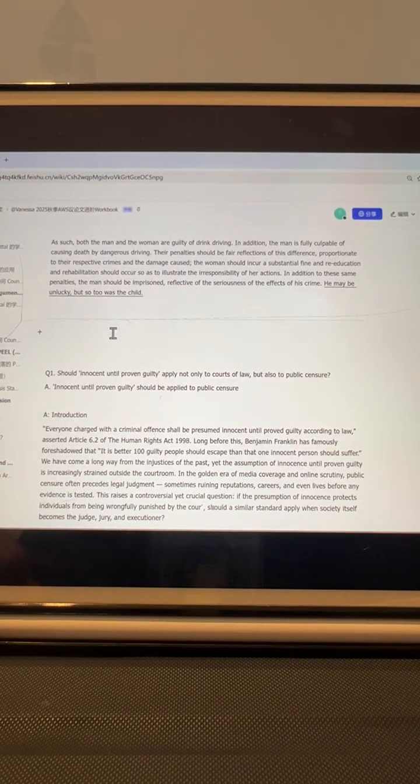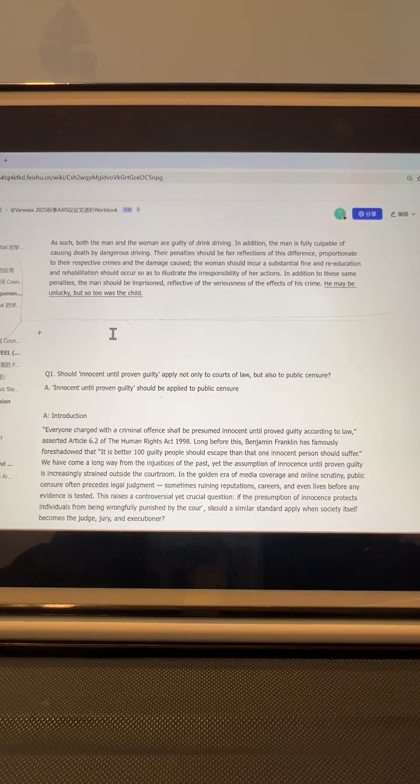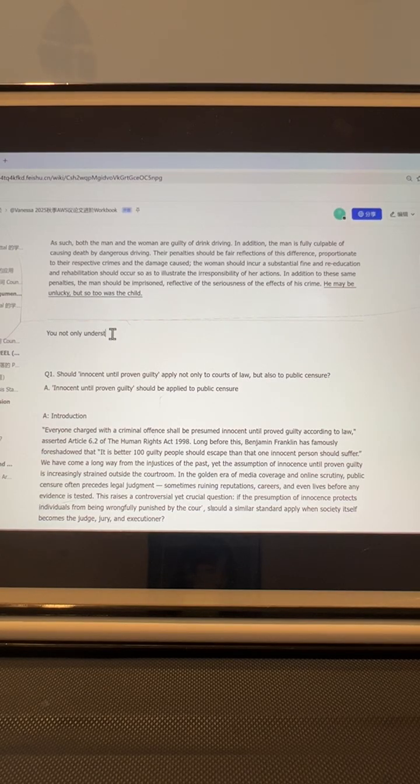So, coming back to the question: why is identifying the gap in the introduction particularly important? Because you need to show that you not only understand the current situation, but also identify a gap in the discussion, which highlights the value of your essay.